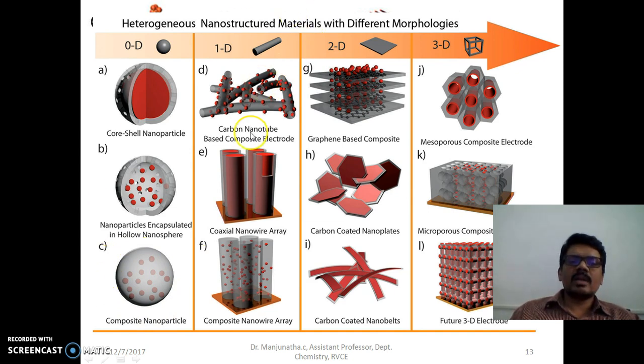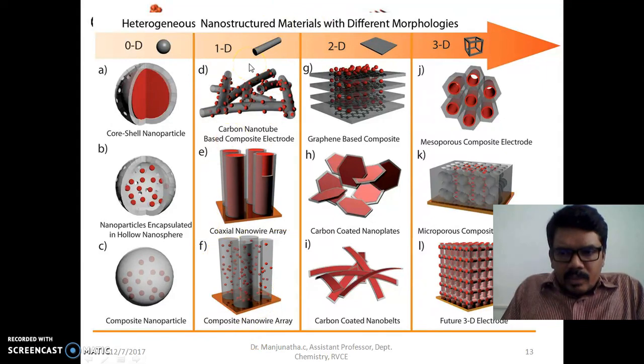In one-dimensional, the wire can have other zero-dimensional particles embedded, but overall it is one-dimensional, like carbon nanotubes containing some other material in zero dimension. And the coaxial nanowire array, the composite nanowire array, all these come under one-dimensional nanomaterial.